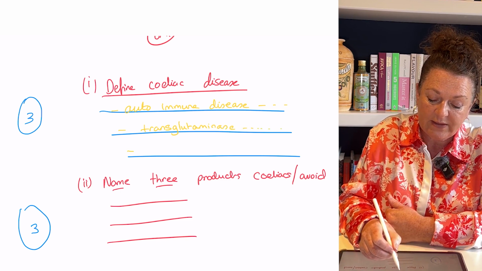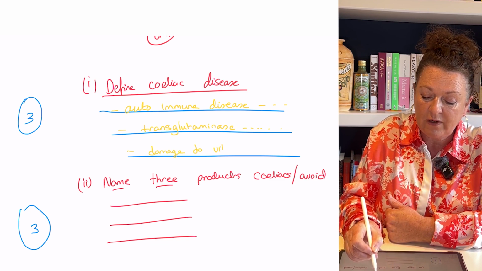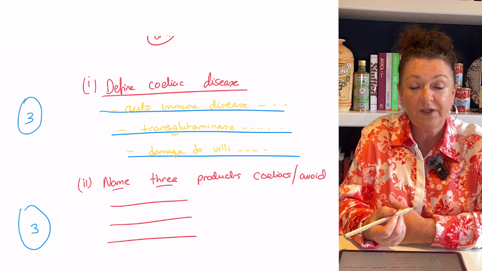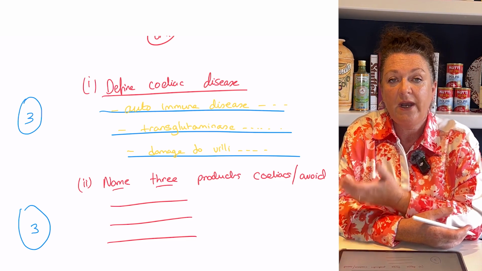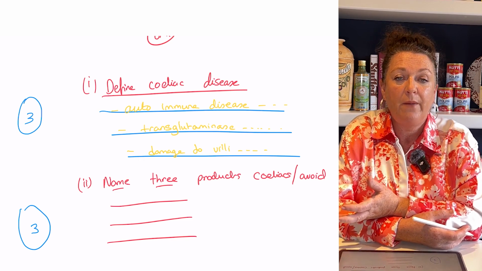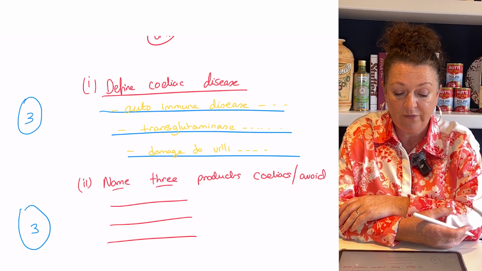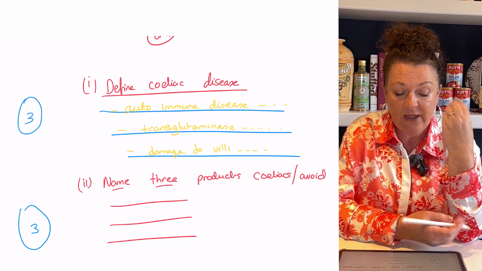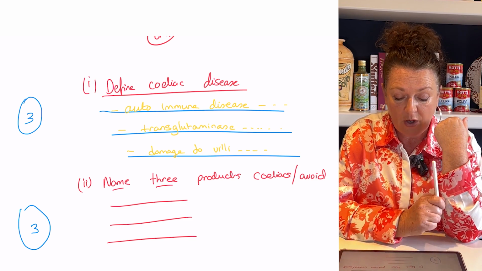And I'm also going to say, for example, that there's damage or wearing down to the villi in the small intestine. If I wanted, I could have mentioned that it's a chronic disease, it cannot be cured and has to be managed by observing a gluten-free diet for life. Either way, whatever I say, it needs to be 3 points for 3 marks.